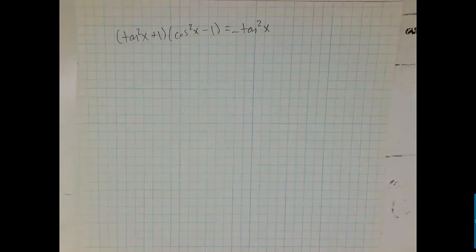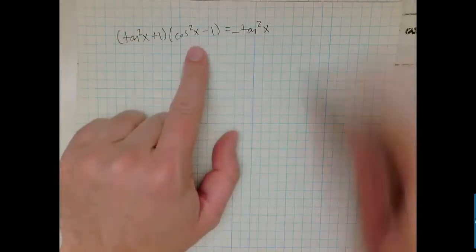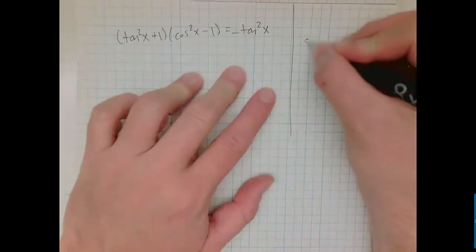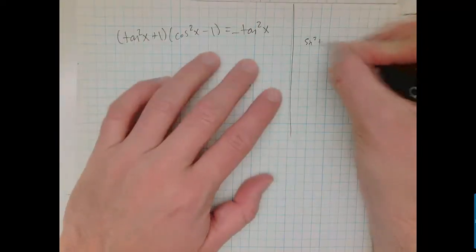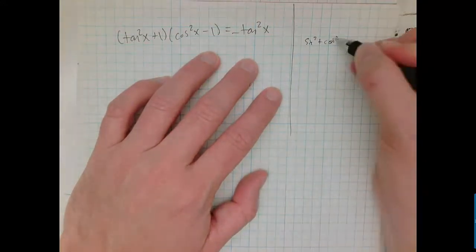All right. So what could we do with this one? I'm noticing some tangent squareds, and I'm noticing a cosine squared. I'm thinking, could we apply a Pythagorean identity? Let's just remember what they are. So sine squared plus cosine squared, I'm going to leave off the thetas, equals 1.